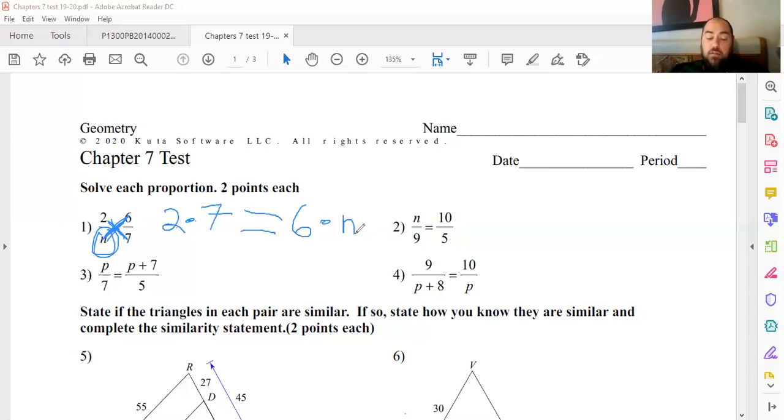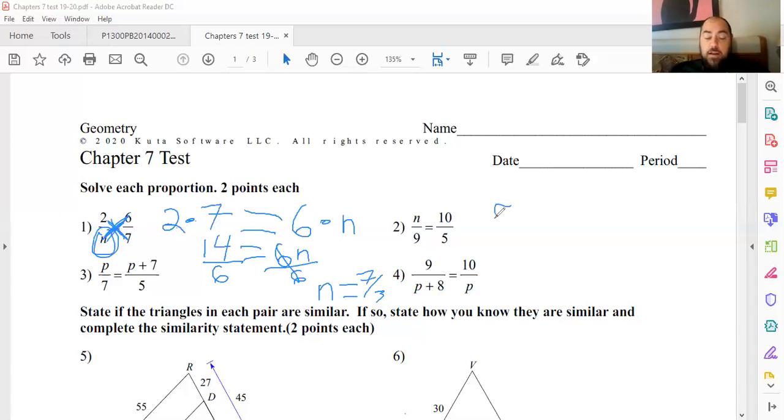So that's going to give us 14 equals 6n. Divide both sides by 6, and we get n equals 14 over 6. That reduces to 7 over 3. Or if you put that into a calculator, you'd end up with 2.33333. Same idea over here on number 2.